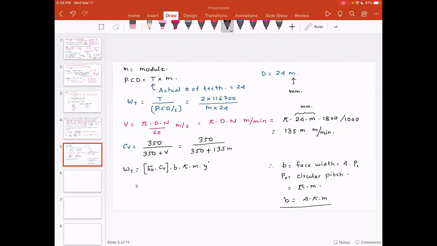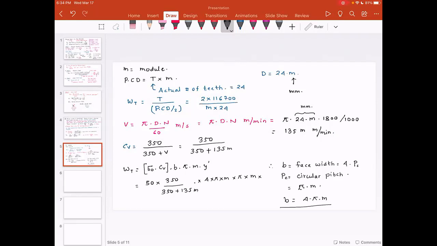So sigma O is given as 50. CV is 350 divided by 350 plus 135 m. B is 4 times pi times m, multiplied by pi multiplied by m multiplied by y prime.